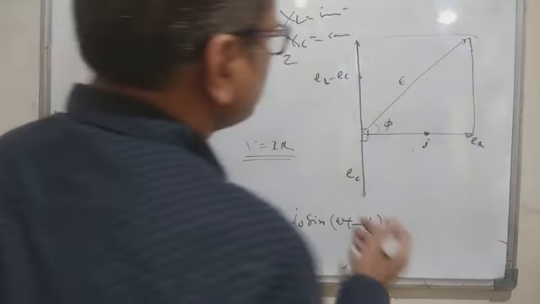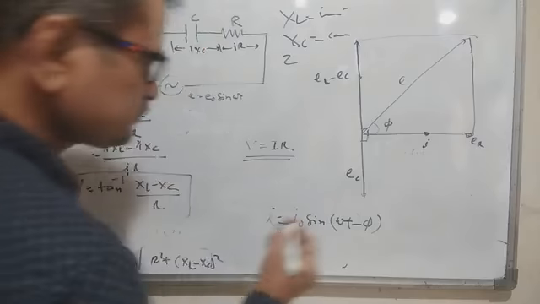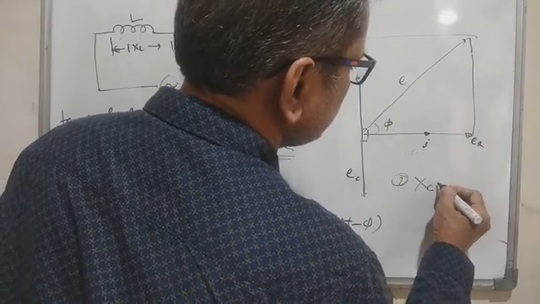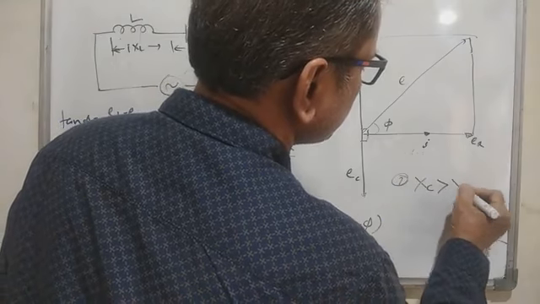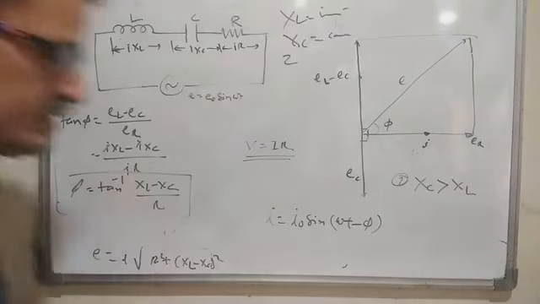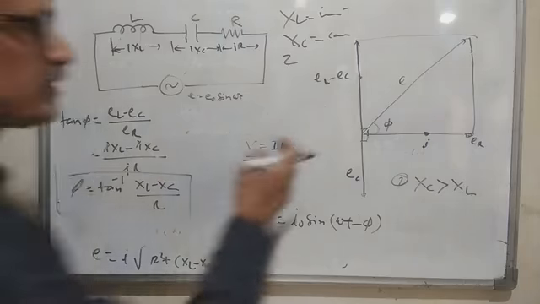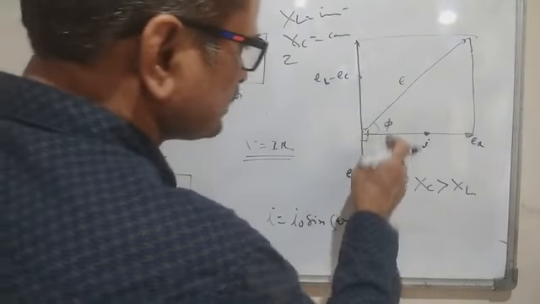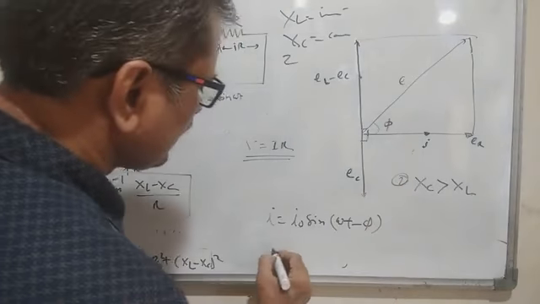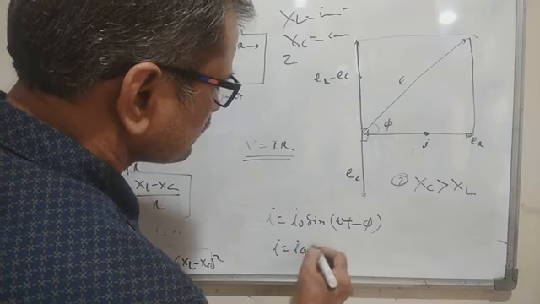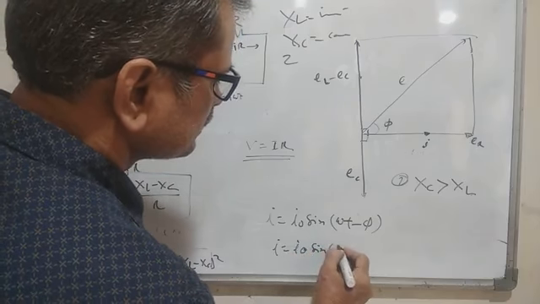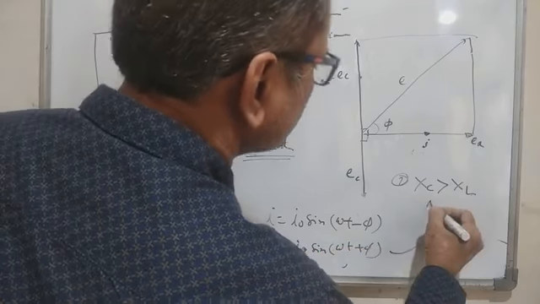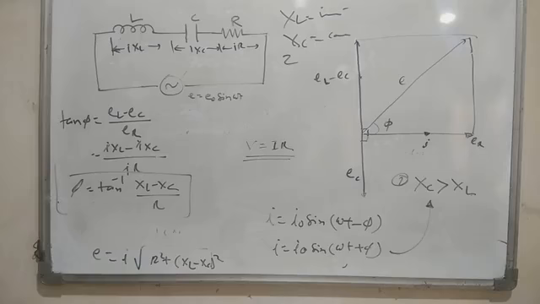Now suppose condition 2: XC is greater than XL. Then this particular vector will go downside. In that case, the phase angle will be leading, so I will be equal to I naught sine omega t plus phi. This is when XC is greater than XL.